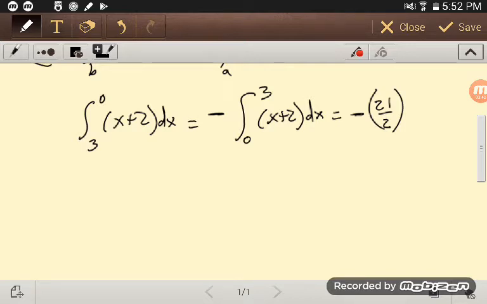Now, more properties, additive or subtractive.